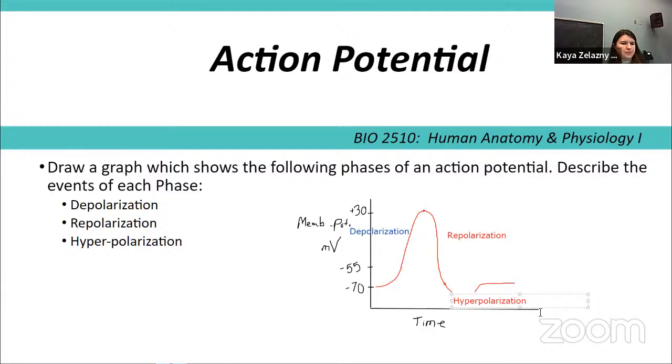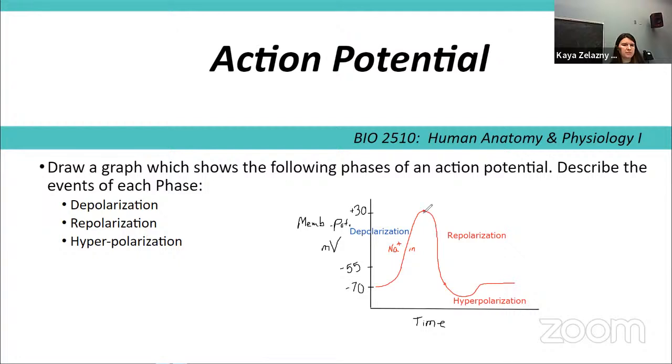Those are our phases. And we spoke last time, this is really due to changes in the permeability of the membrane to our ions. So as we're thinking about this first phase, the depolarization, we have sodium ions coming in. So we have increasing permeability to sodium ions. Then those sodium ions, their voltage gated channels swing closed.